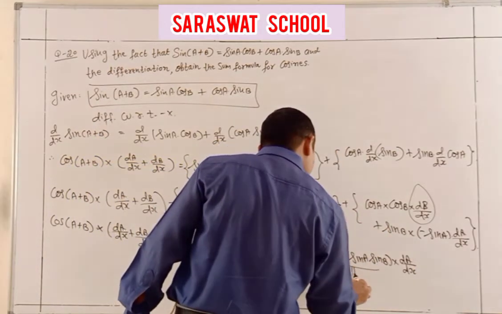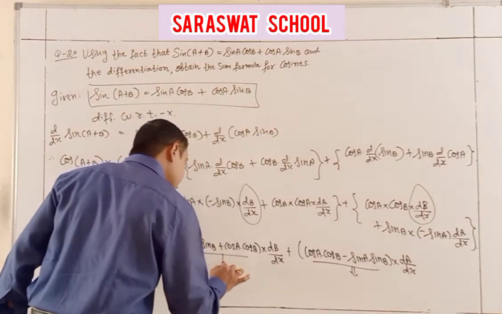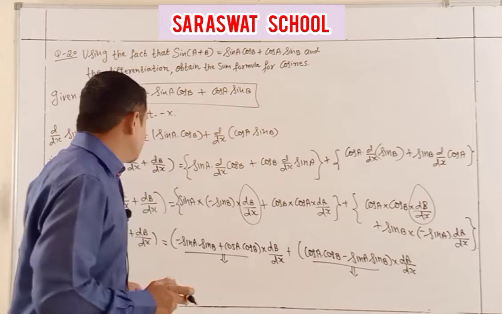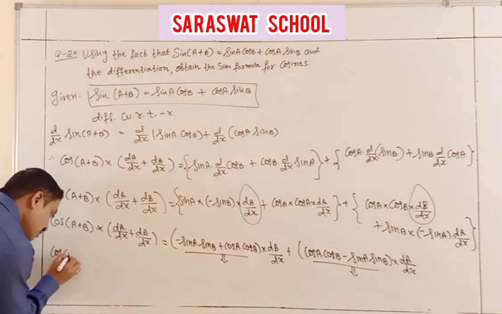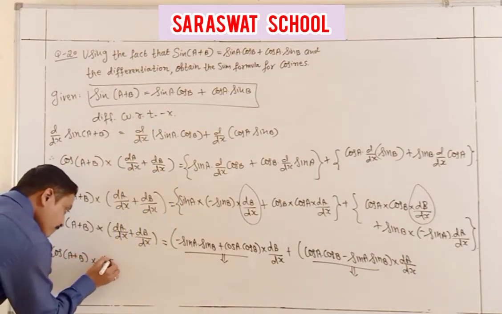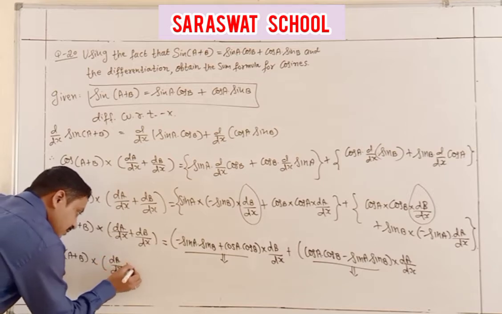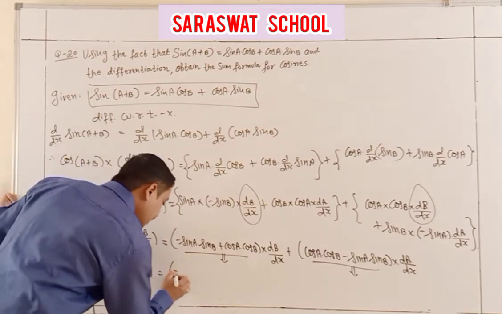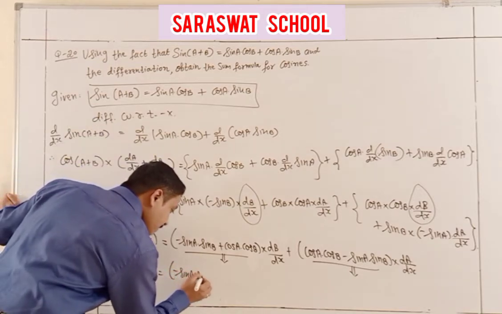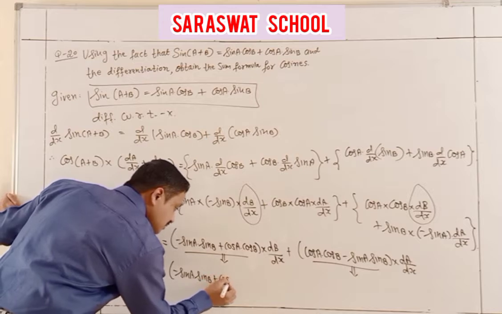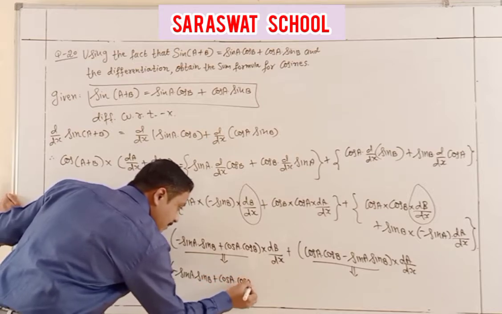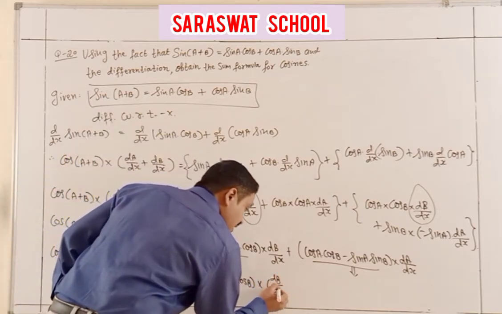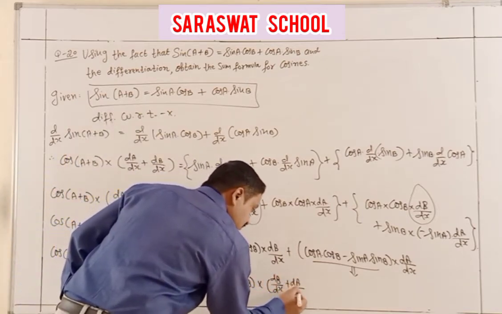These are again the same. You are going to take common. So we have only cos A plus B times dA by dx plus dB by dx. And here, taking common, minus sin A sin B plus cos A cos B. And what is the remaining? We have dB by dx plus dA by dx.